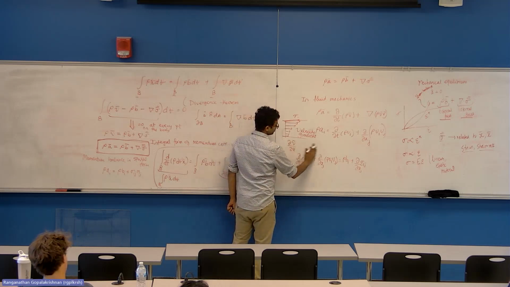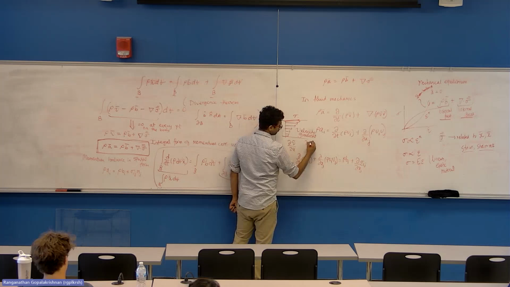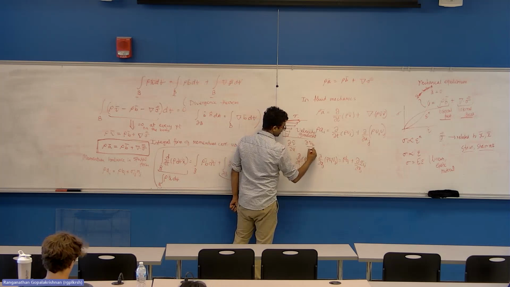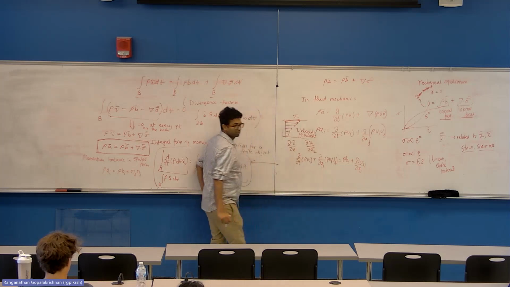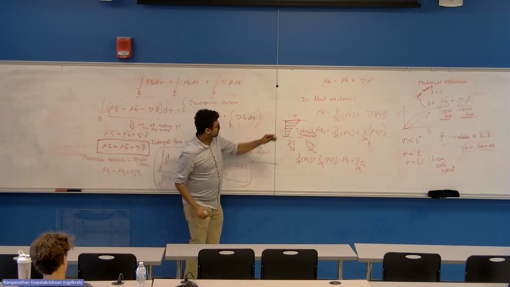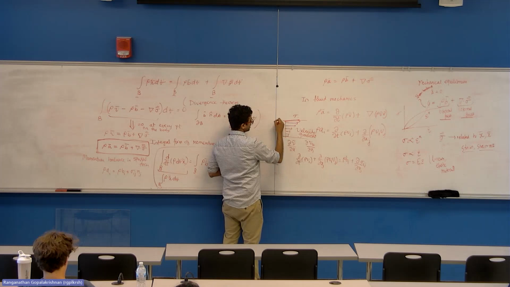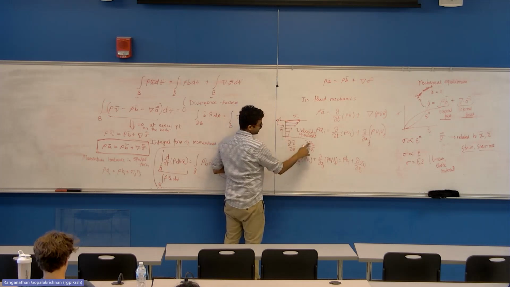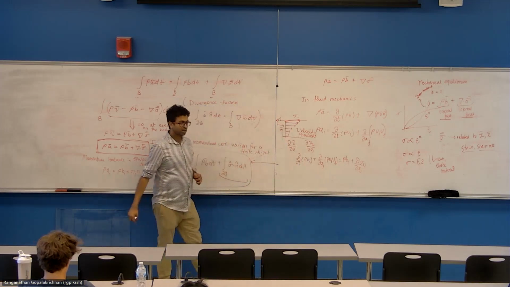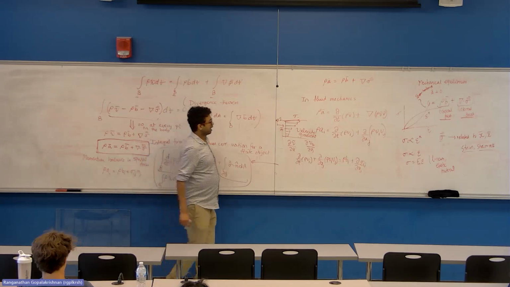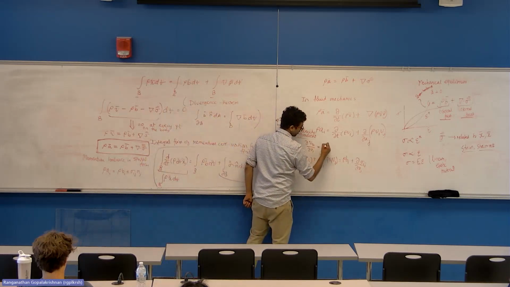In this case, it's just partial v2 divided by partial x3. If you call this direction x1, you call this direction 2 and you call this direction 1, this is basically v2 over x1. And we can call this strain rate.